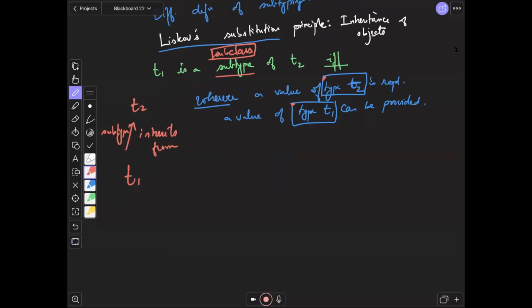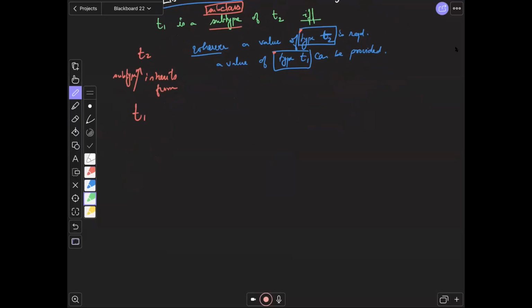Okay. So as an example, let's revisit this definition that natural numbers is a subtype of reals. Okay. So the question is, is that really true? So the point is, what are we going to do with numbers?